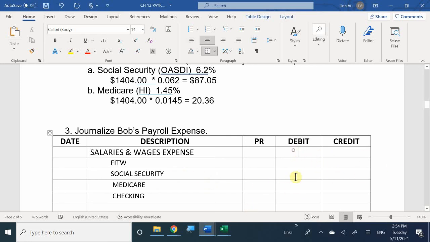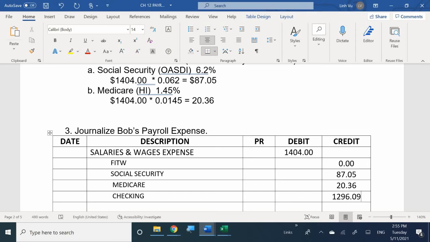What was his total earnings? 1404. How much federal income tax is he subject to pay? 0. What was his Social Security? 87.05. What was his Medicare? 20.36. So therefore, how much should his check be written out for? $1,296.09.